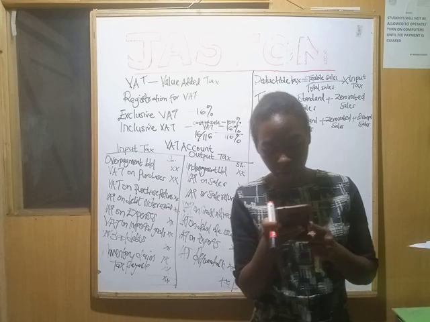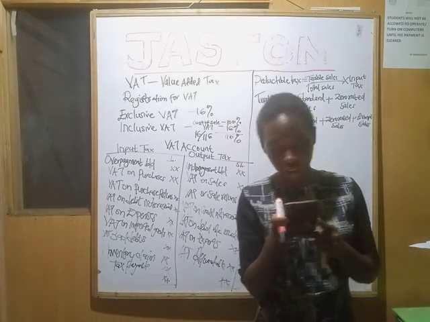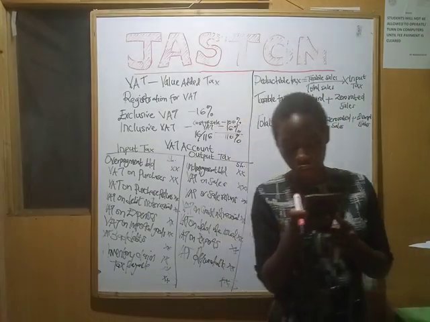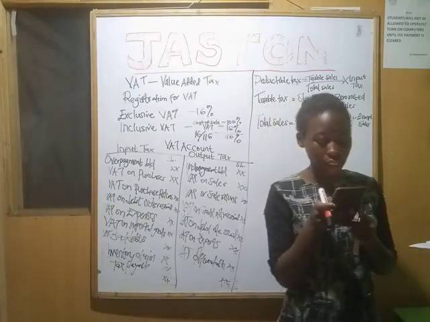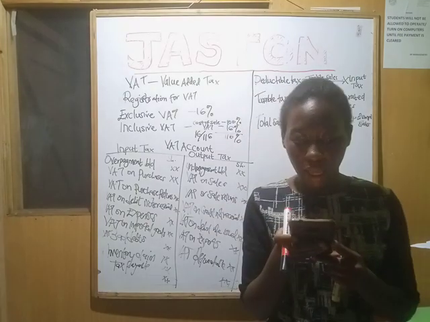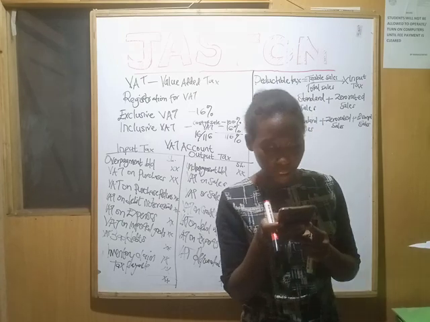We also imported goods for 1.15 million from China, exclusive of import duty at the rate of 25% and value added tax at the rate of 16%. We received a debit note of 60,000 from Upendo Limited.